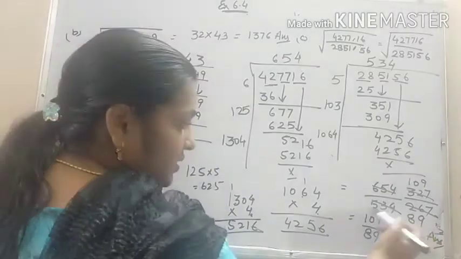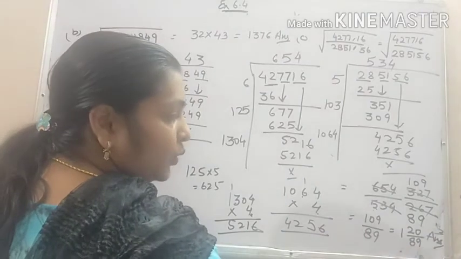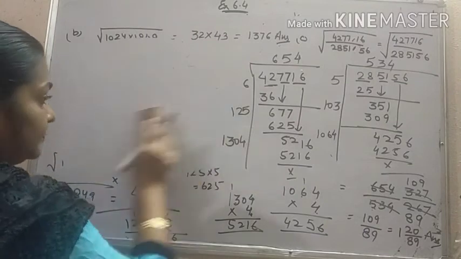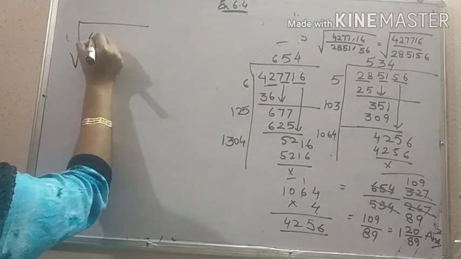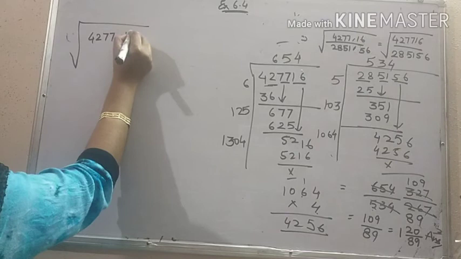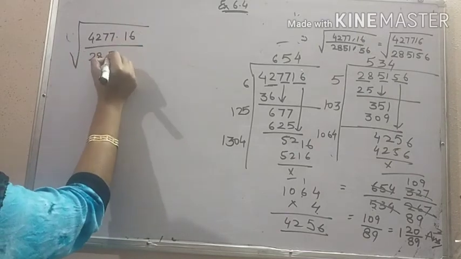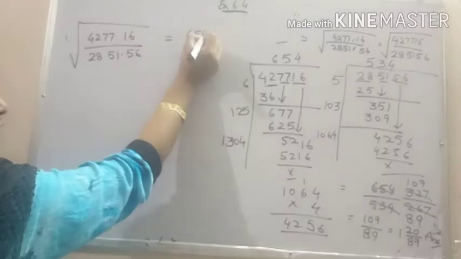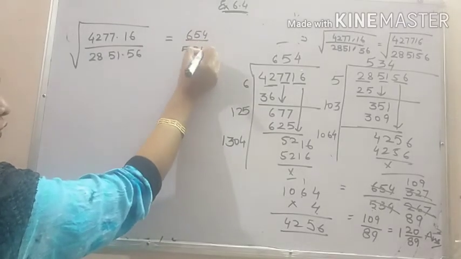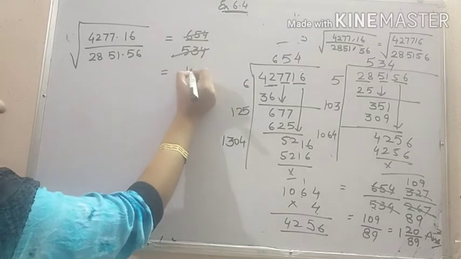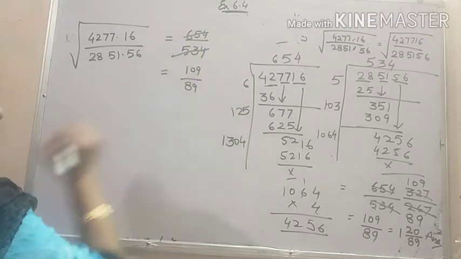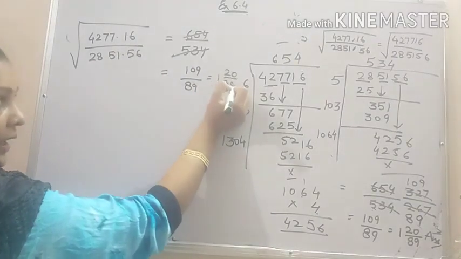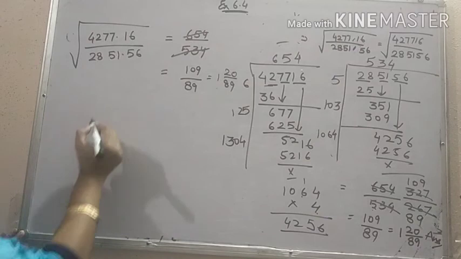One thing I must add in this, that you need to convert it into decimal. So let's see. Given to us 4277.16 upon 2851.56, and we calculate it as 654 by 534, which on cancelling we get 109 by 89. Okay, so one way is you convert it into a mixed fraction and another way is you convert it into decimal.